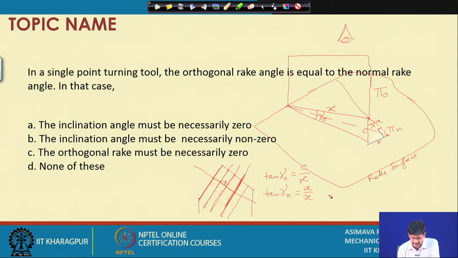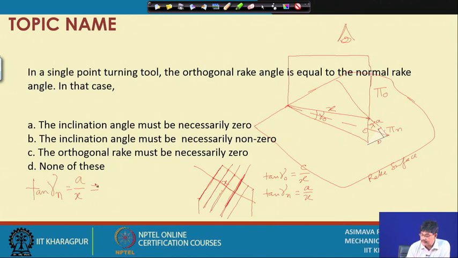I can write finally, let me write in bold here: tan gamma n equal to E by x.